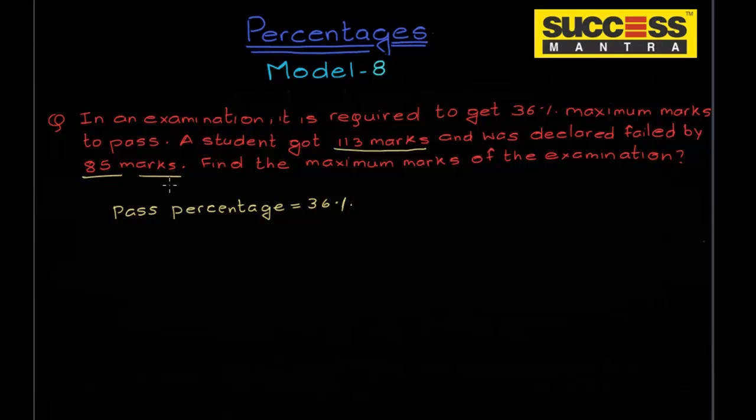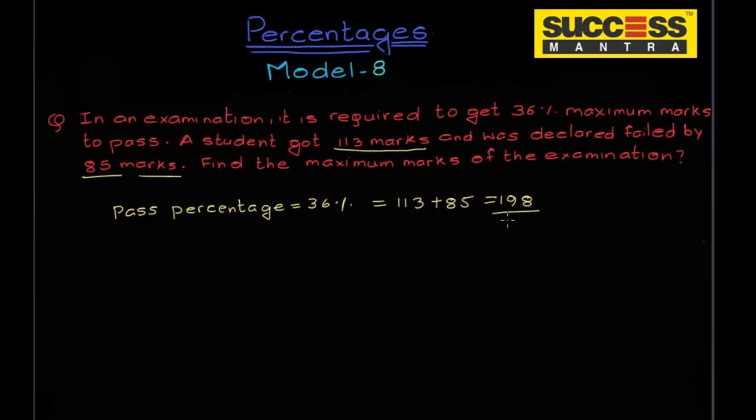So 36% is equal to 113, which the student obtained, plus 85, the marks by which he failed. 36% equals 113 plus 85, which is equal to 198.